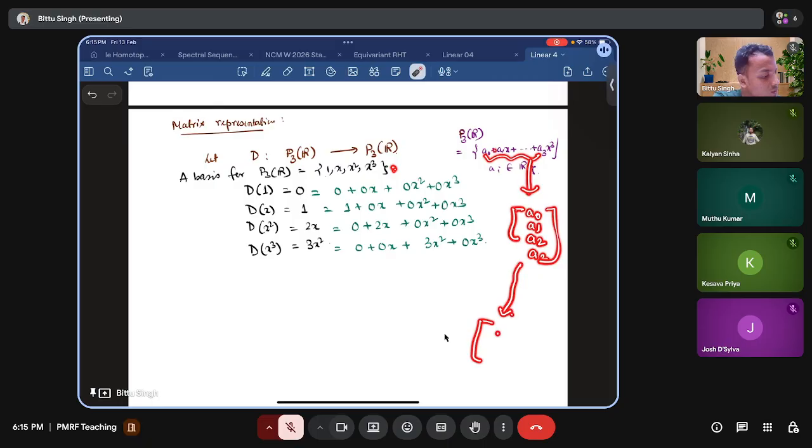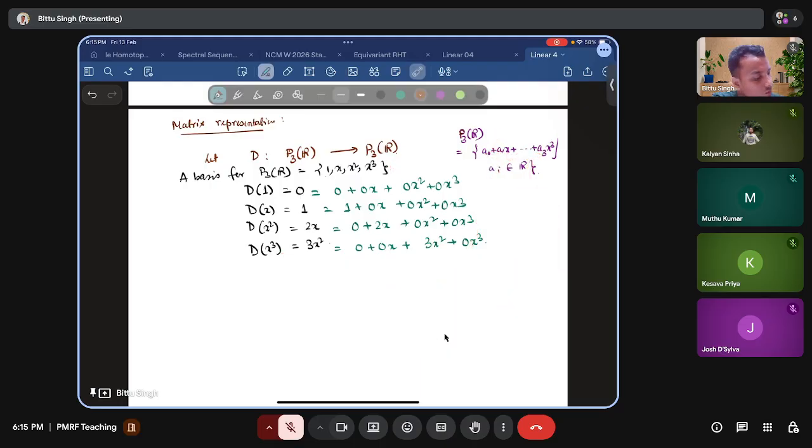Okay, so this is the vector v, and after applying T we get Tv, the linear transformation of v, and the coordinate of this Tv is given by the matrix multiplication of this representation.